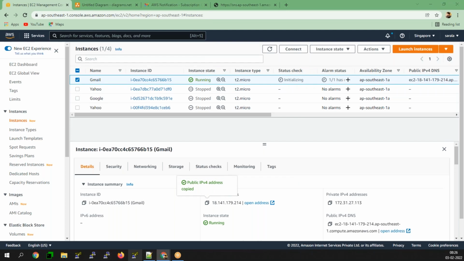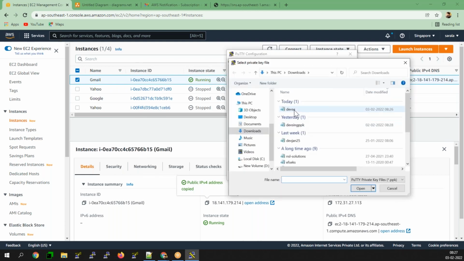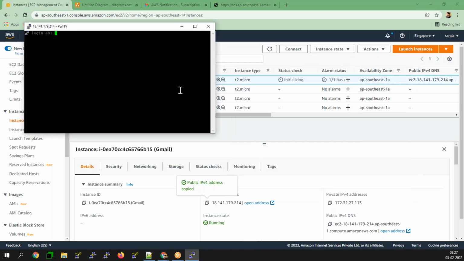Key refused. So let me try with another key. Okay, this is working fine.